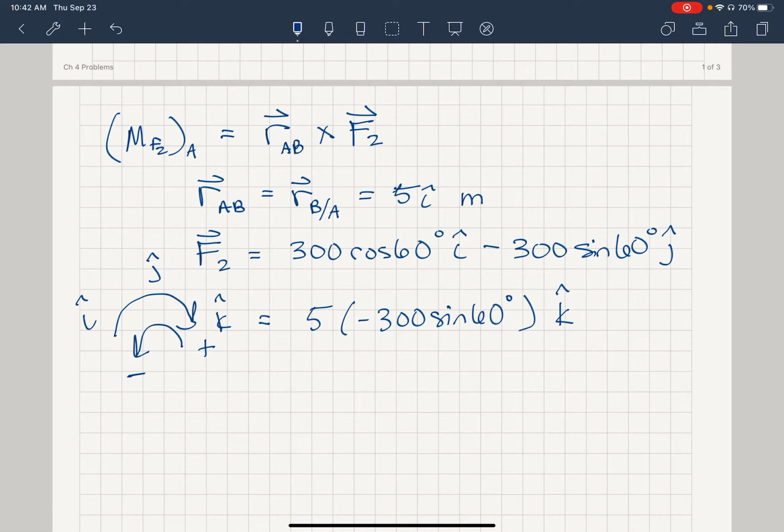K. So I cross J is positive K. The I cross I is just 0, so that would give us that. Let's see, calculate it quickly.